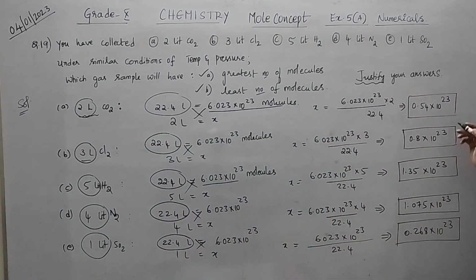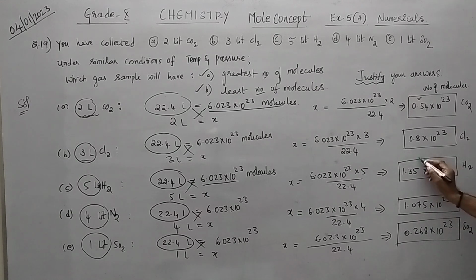So now, first one is the number of molecules of carbon dioxide, 0.54 into 10 power 23. 10 to the power of 23 is common in all the cases, so you can compare only this value. Second one is chlorine, third one hydrogen, fourth one nitrogen, last one is sulfur dioxide.